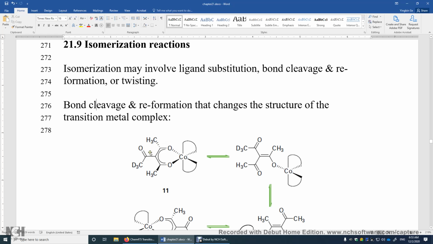However, if you just examine this structure, this is actually a planar structure over here. The main structure is planar. So these two are close enough to this cobalt and can each form a sigma donor bond here and here. The third tooth is just too far away.